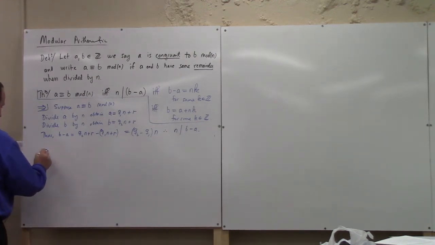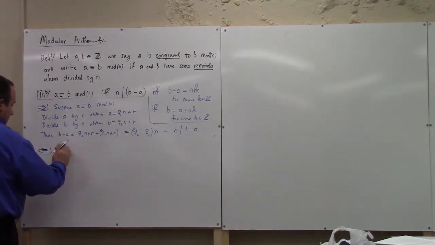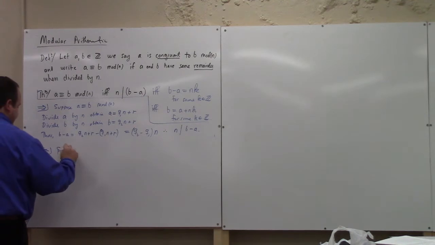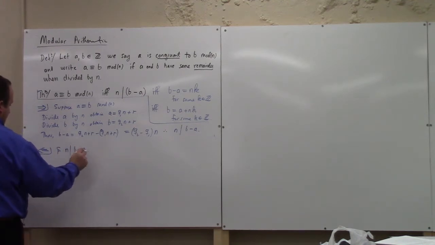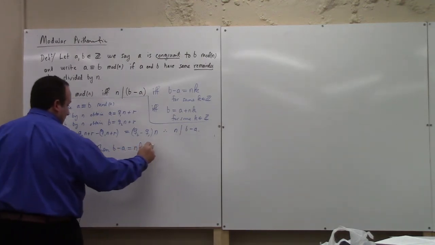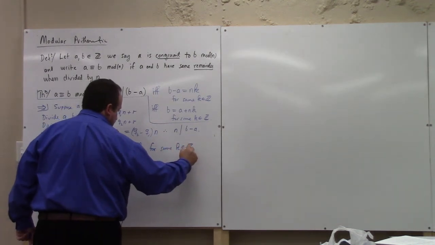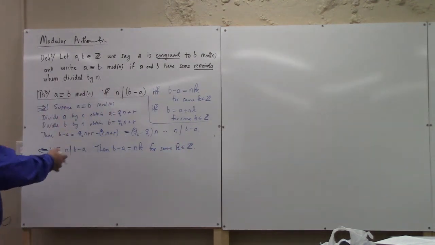Conversely, suppose n divides B minus A. Then B minus A is equal to nk for some k in the integers. Now what do we do? Well, we're going to divide A and B both by n, and then find an argument that proves they have the same remainder.